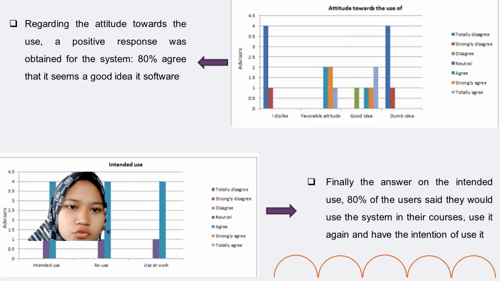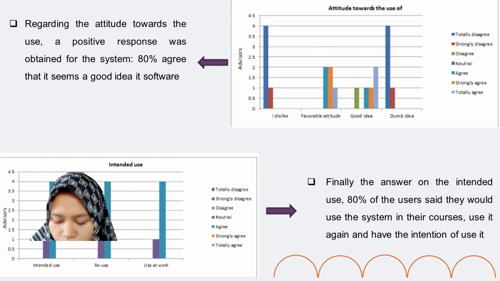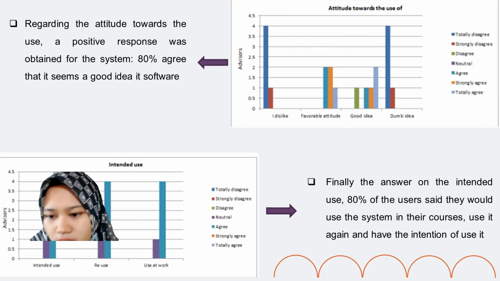Regarding the attitude towards the use, a positive response was obtained for the system. 80% agree that it seemed a good idea, the software. Finally, the answer on the intended use. 80% of the users say they would use the system in their courses, use it again, and have the intention of using it.